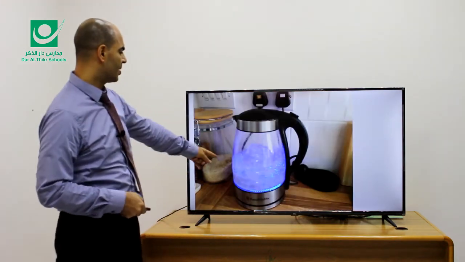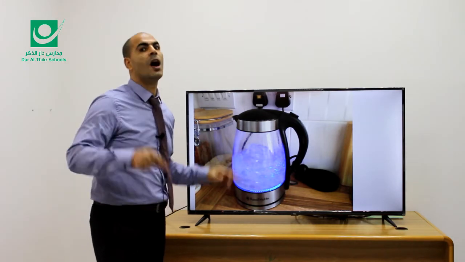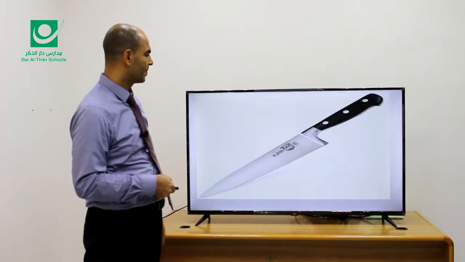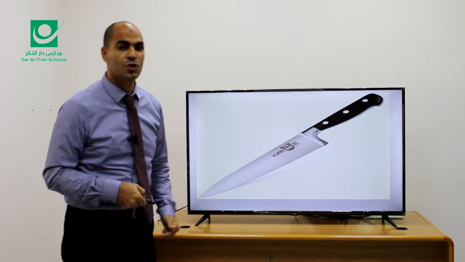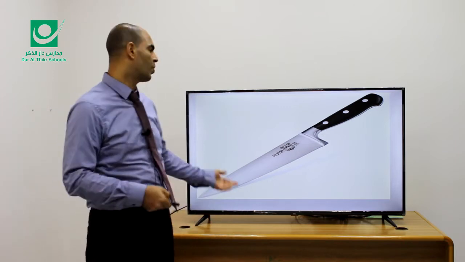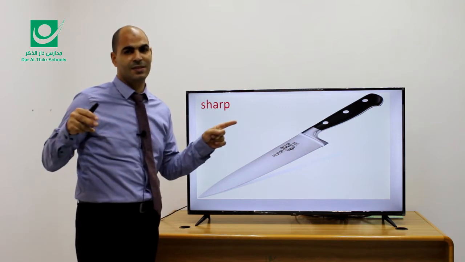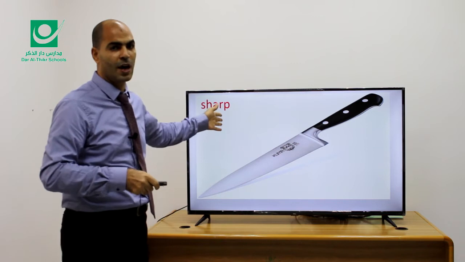The next one, look here, look at the kettle. Is it cold or hot? It's hot. And what about the knife? Is it sharp or not? Of course it's sharp. It may cut our skin. Be careful with knives.